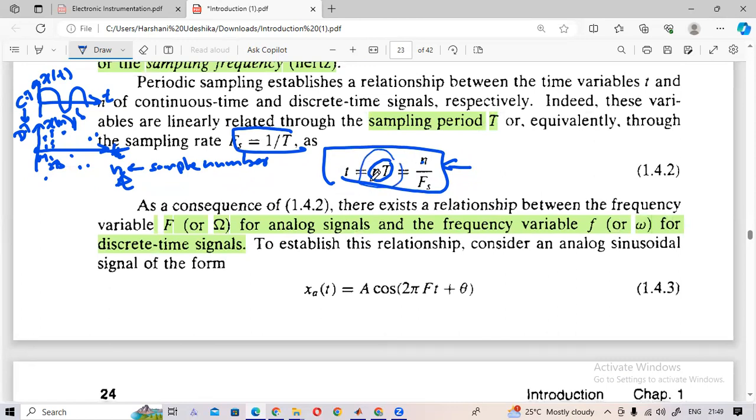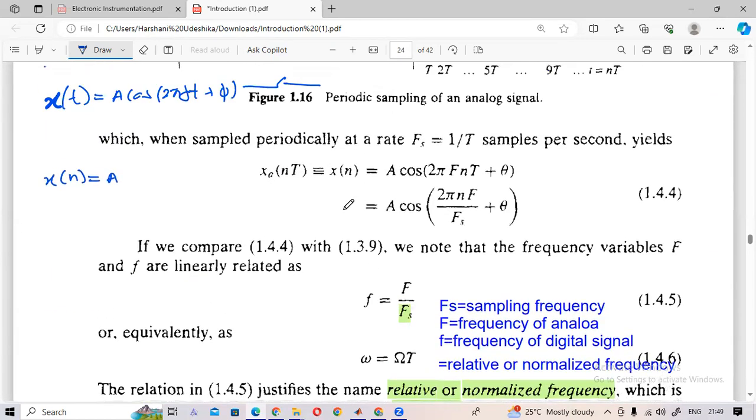We use capital F to represent the continuous time frequency: A cos(2πF t). Instead of t, you have to put the corresponding sampling time, because here we have only sample values, not continuous values. So you can replace t with nT.